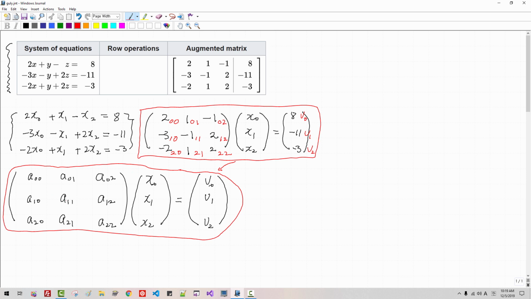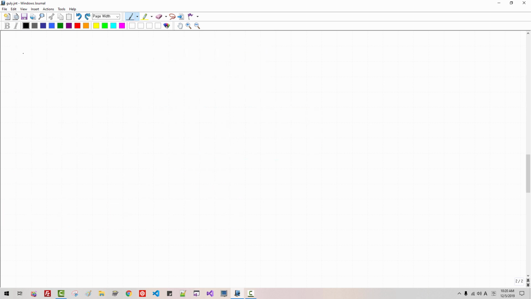This form of matrix is easier to deal with in C++ programming. Now we form a matrix like this: A00, A01, A02, A03, A10, A11, A12, A13, A20, A21, A22, A23, A30, A31, A32, A33.